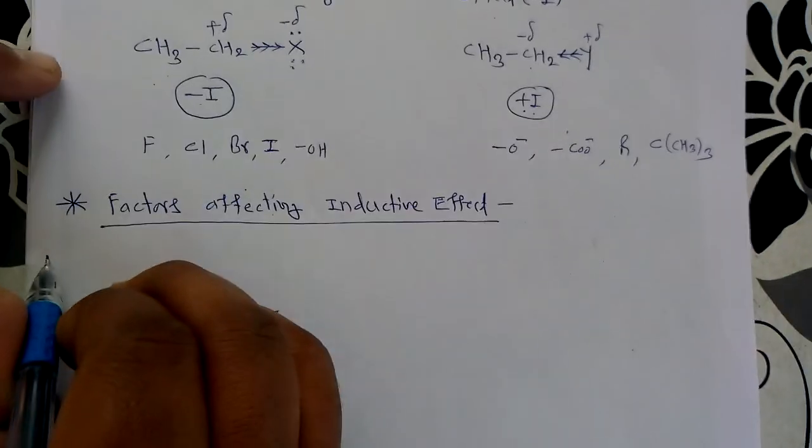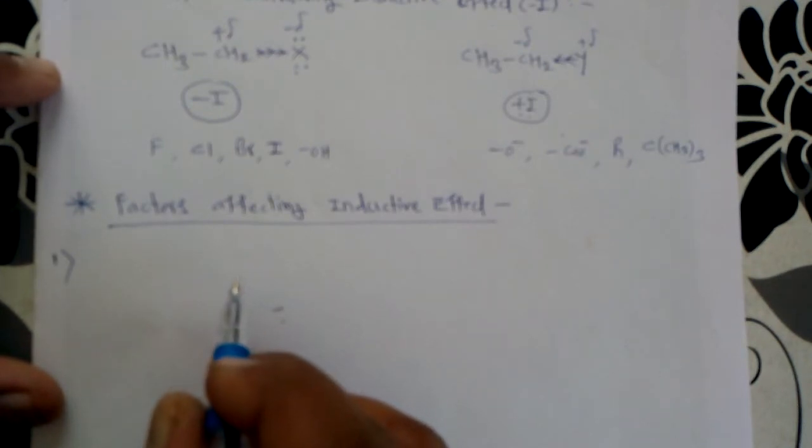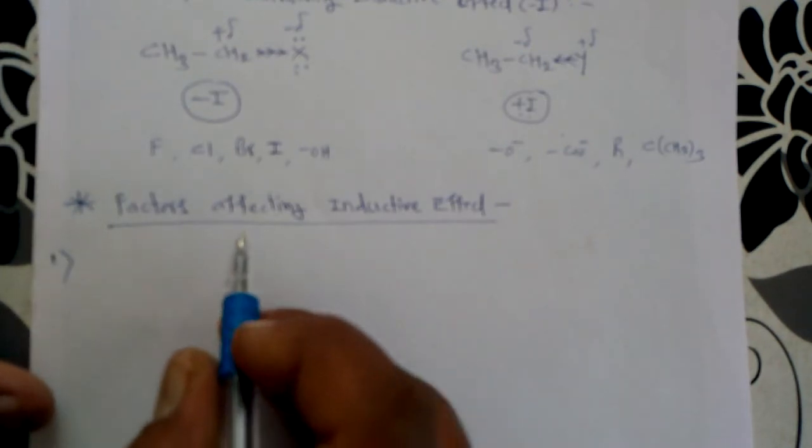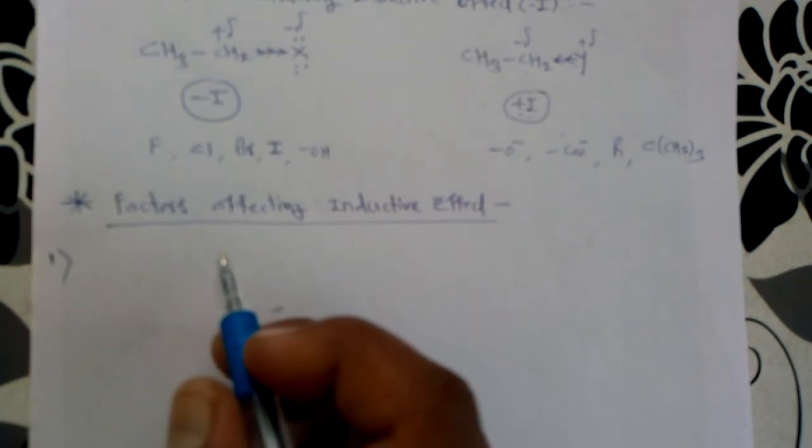So the first important factor which affects this inductive effect is called the groups. What are the different groups which increase or decrease the electron density?